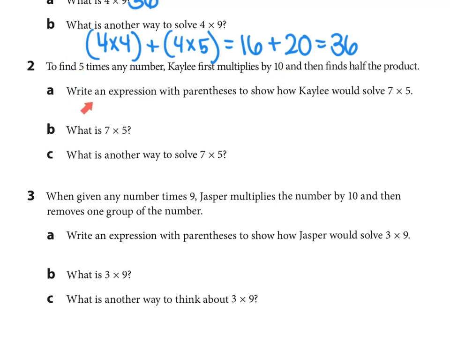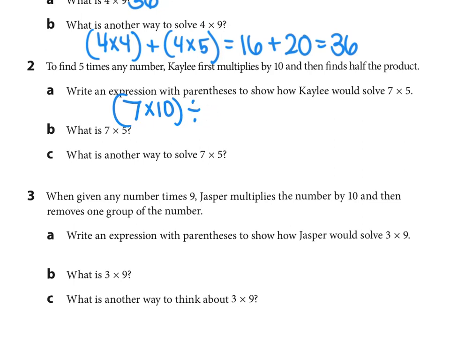So now I'm going to write an expression to show this thinking. So I would do 7 times 10 divided by 2. Because when I multiply by 5, it's the same as multiplying by 10, then dividing by 2. So thinking of that, 7 times 10 is 70, divided by, oops, I wrote 5, but I meant to write 2.